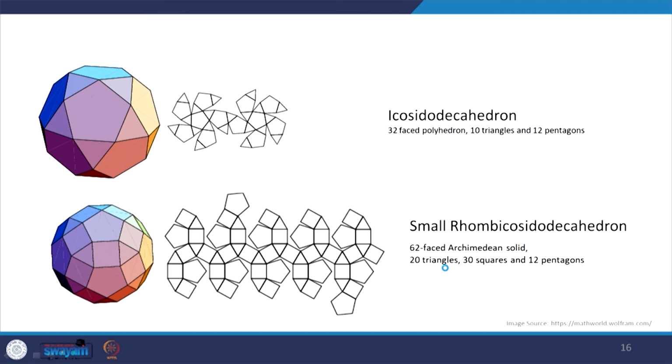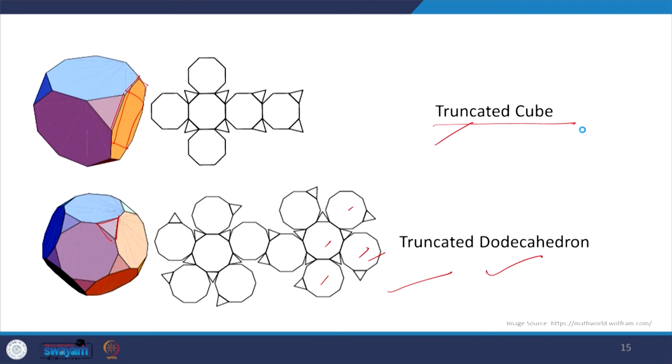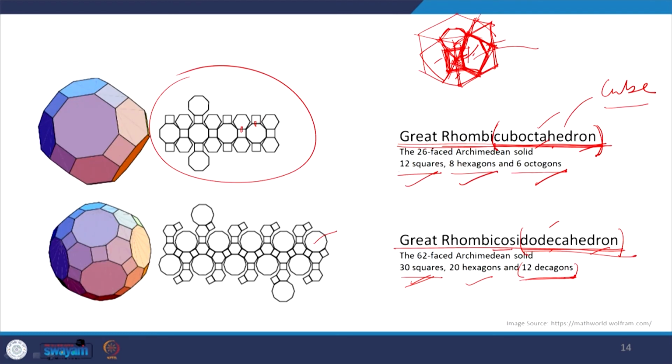Similarly, we have other Archimedean solids as well, where we have the truncations happening in a defined manner. For example, the icosidodecahedron has triangles and pentagons only, unlike the rhombicosidodecahedron where we had squares, triangles and pentagons.